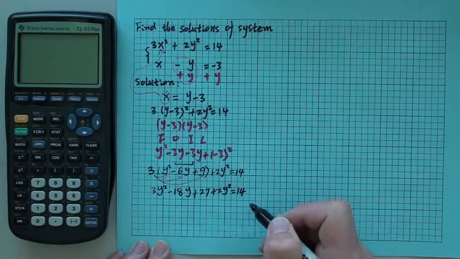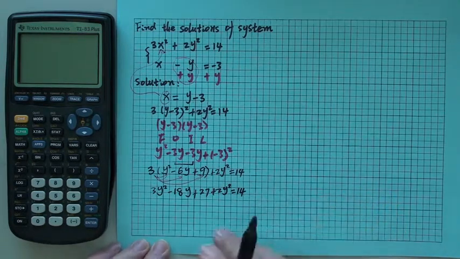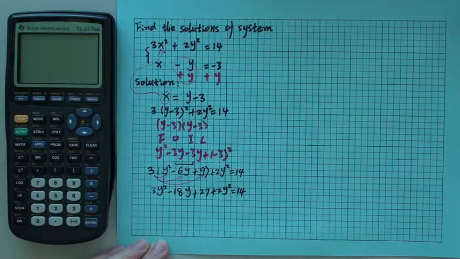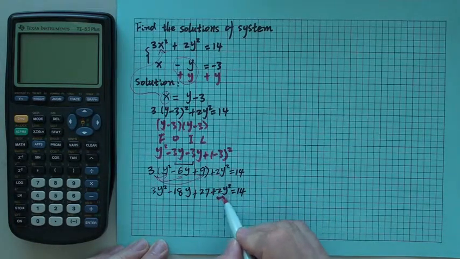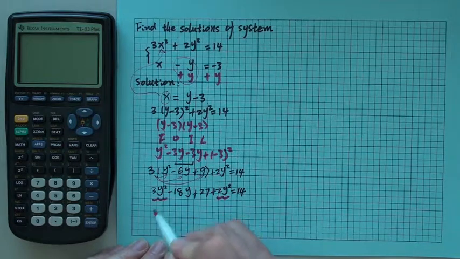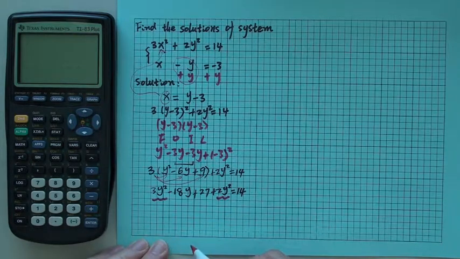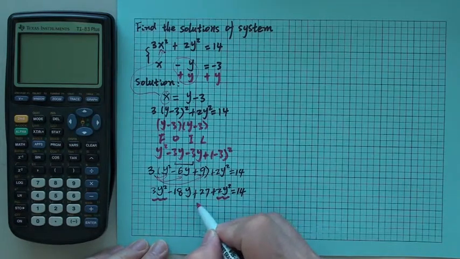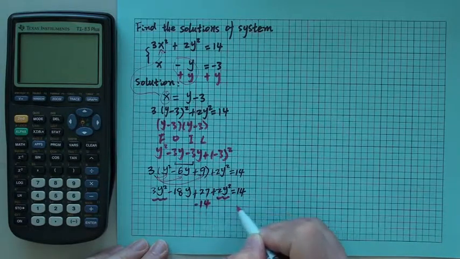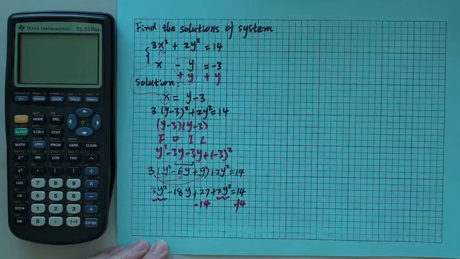Alright, now look, right here we have 2y squared and 3y squared. We want to combine them, and both sides need to subtract 14.